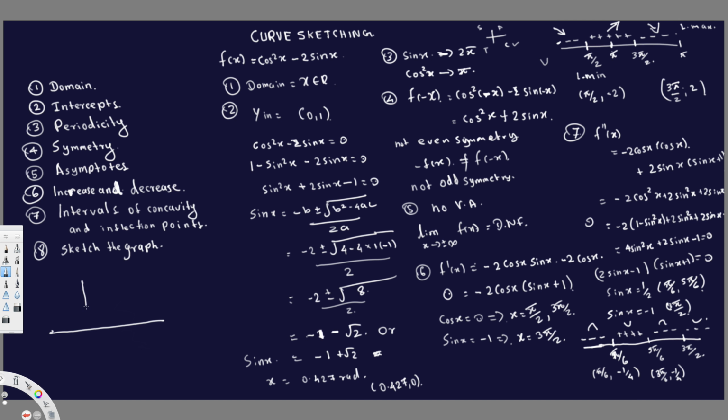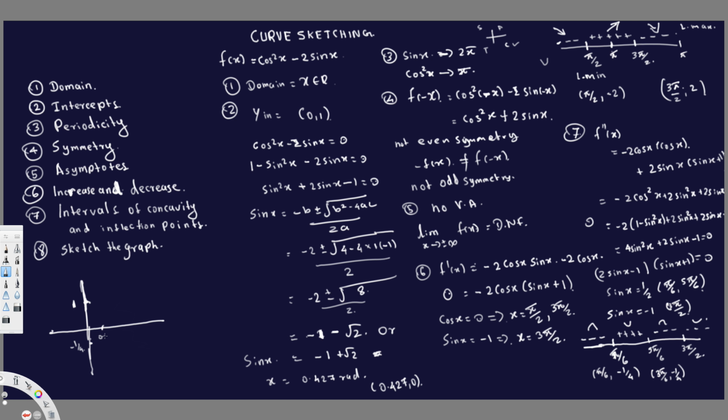Okay, let's begin with the 0. We know the y-intercept is 1: when x is equal to 0, y is equal to 1, so it's going to start at 1 and go toward π by 6, and minus 1 over 4. It's crossing this point when x is equal to 0.427.